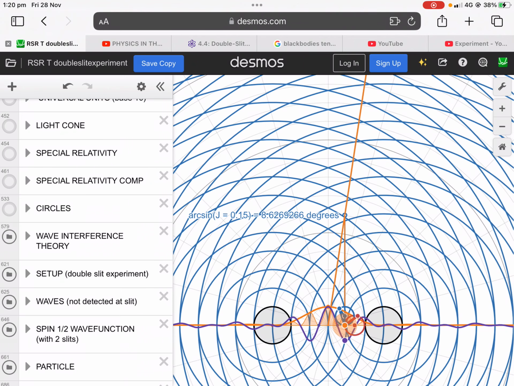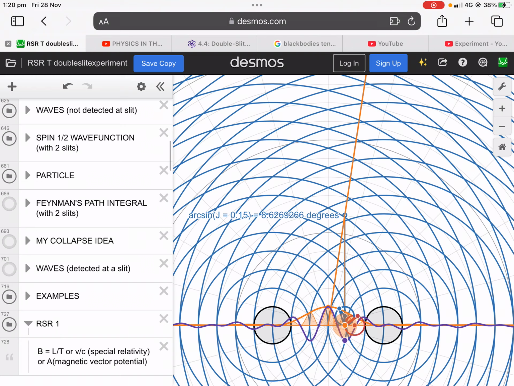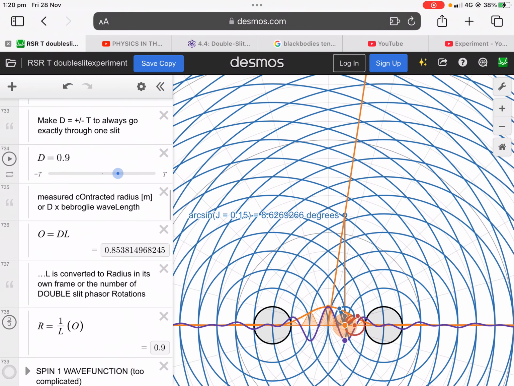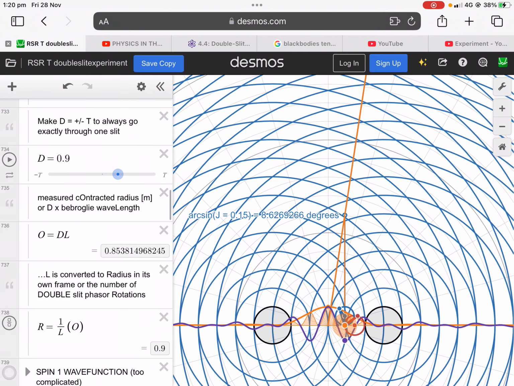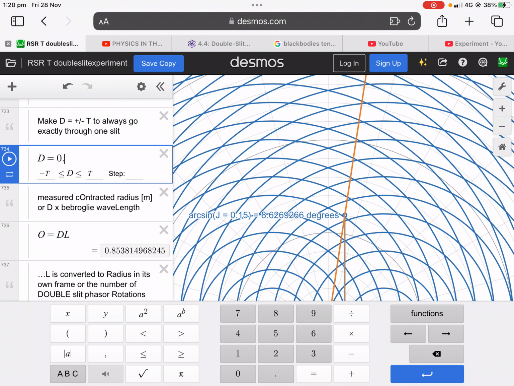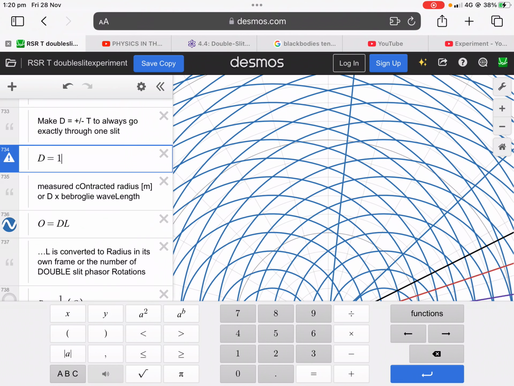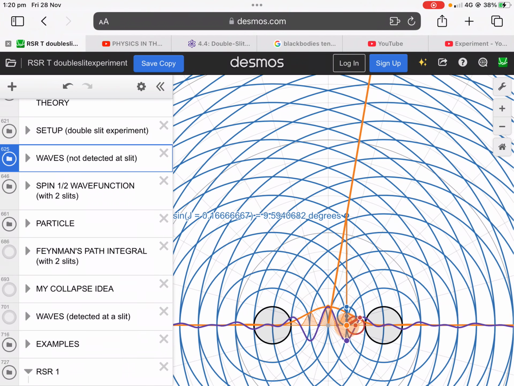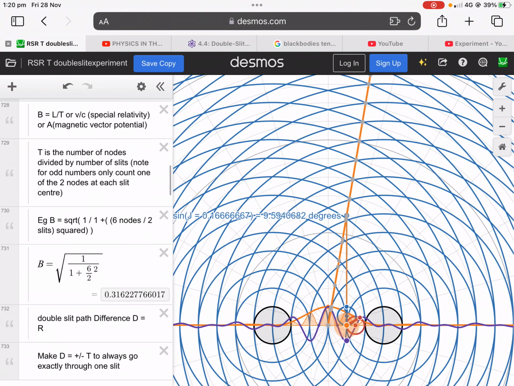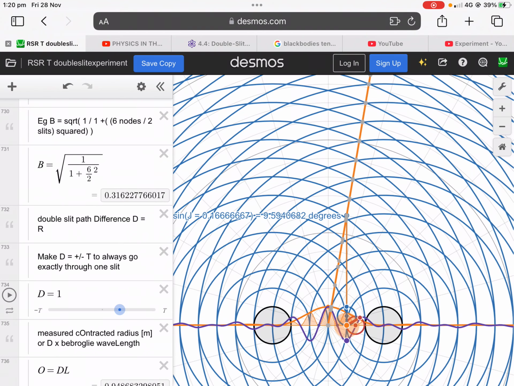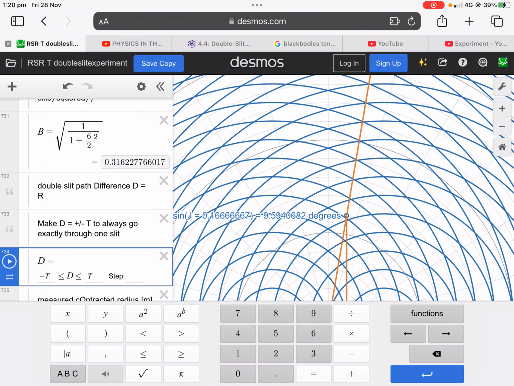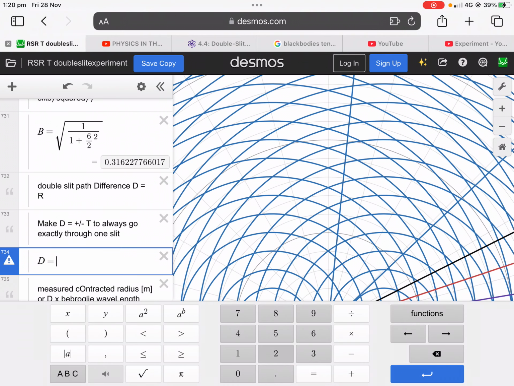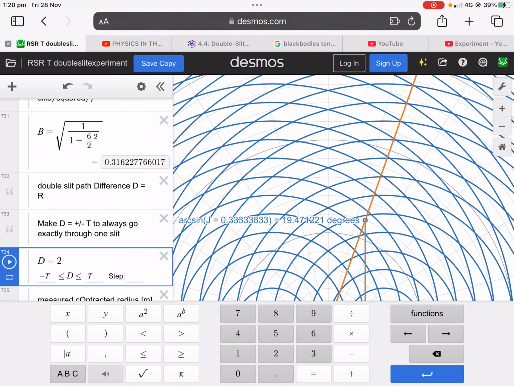It's 0.9. Make that exactly one wavelength. You'll see that it's spot on constructive interference. If I make it 2 wavelengths, it'll be spot on the second fringe. Eventually it will anyway. As you zoom out, you'll see that it is. There's this sort of near field confusion.